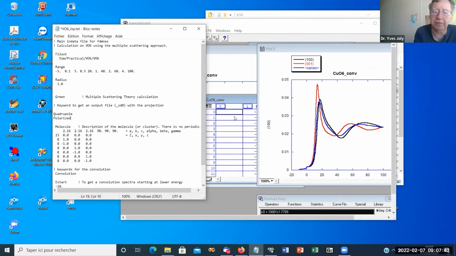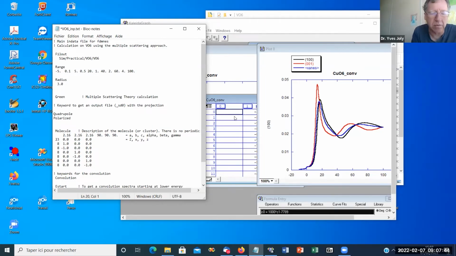Well, if I want to check by hand, I can do it this way. For example, I put one polarization along X. And because it's quadrupole, I also have to define the wave vector. The wave vector of the photon must be perpendicular to the polarization.